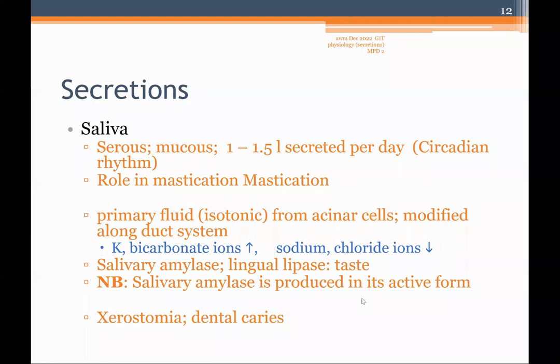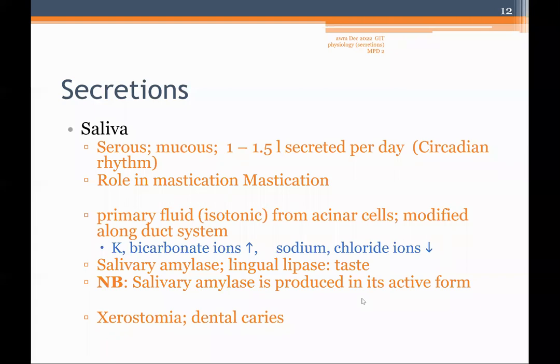So what do we call modification, or what happens along the duct? Within the luminal content, the saliva in the lumen, you'll get an increase in potassium ions, you'll get an increase in bicarbonate ions, which means the potassium and the bicarbonate are going to be secreted into the duct.